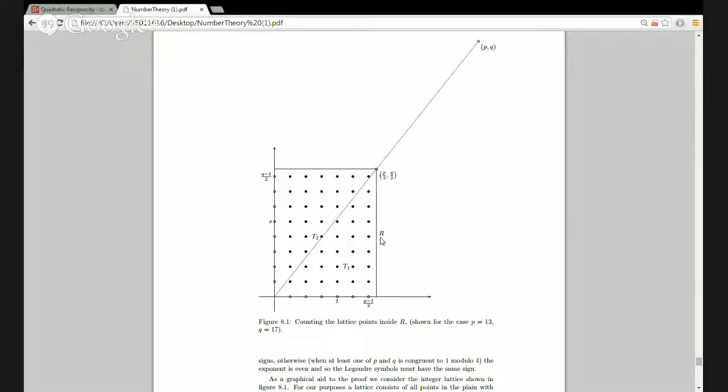In terms of the picture, that is the number of lattice points underneath the line at position j. So there are a number of connections between this expression and this geometric picture.